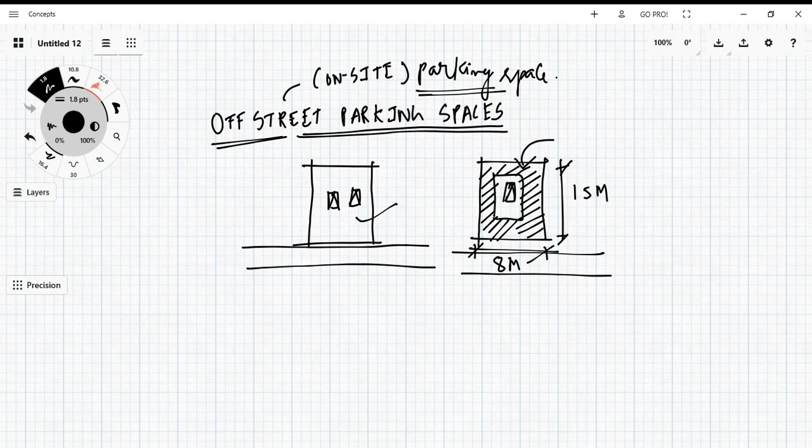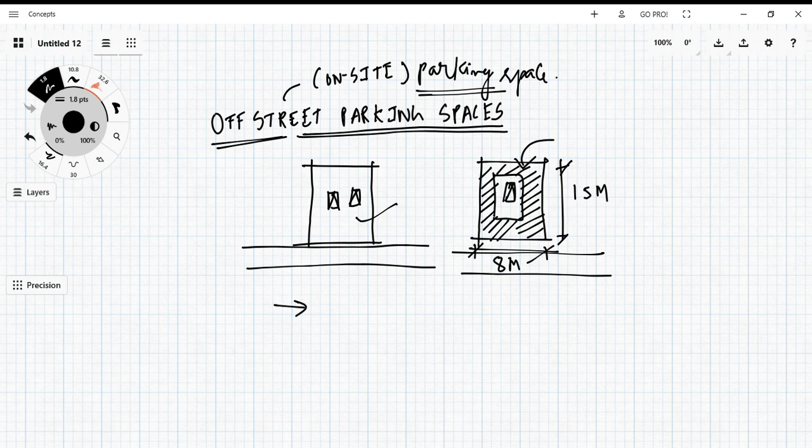50% of the open spaces required around buildings may be allowed to be utilized for parking or loading or unloading spaces, provided a minimum distance of 3.6 meters around the building is kept free. See, important point, guys, please note this.